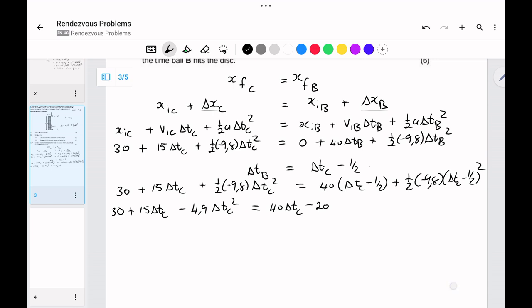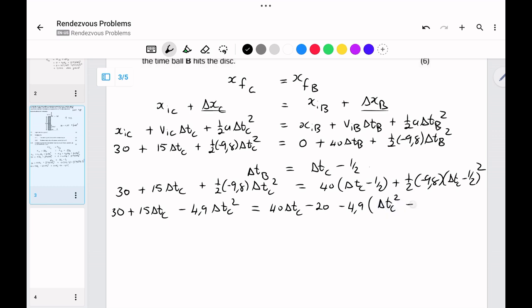And now the half and minus 9.8, I'm going to put that as minus 4.9. But I'm first going to expand the bracket. The delta t C minus 1/2. So the first term is going to be delta t C squared minus twice the product of the two, which is just delta t C, plus the last one squared, which is going to give me 1/4. Let's write that as 0.25.